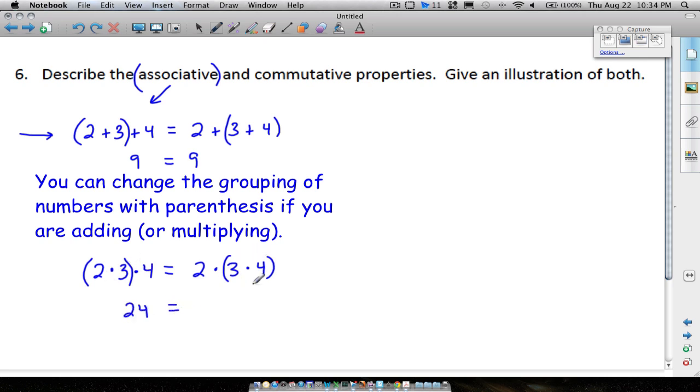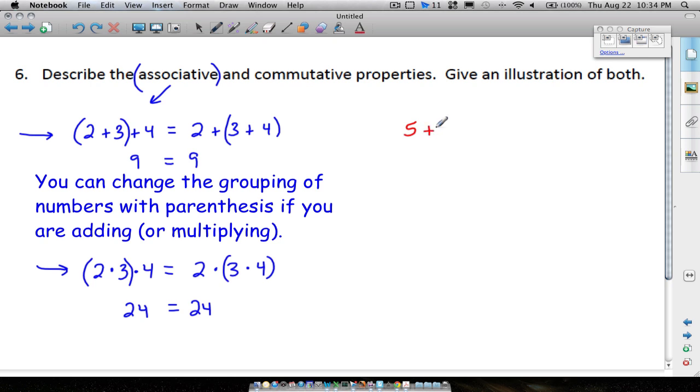Over here on this side, let's multiply the 3 and the 4 together first. 3 times 4 is 12, and then 12 times 2 still gives you 24. So we have described the associative property, and here's an example using addition or multiplying.